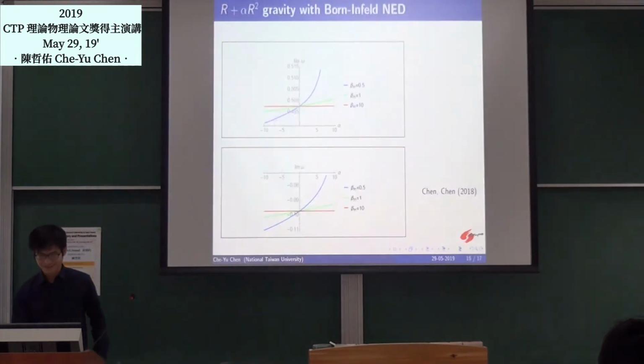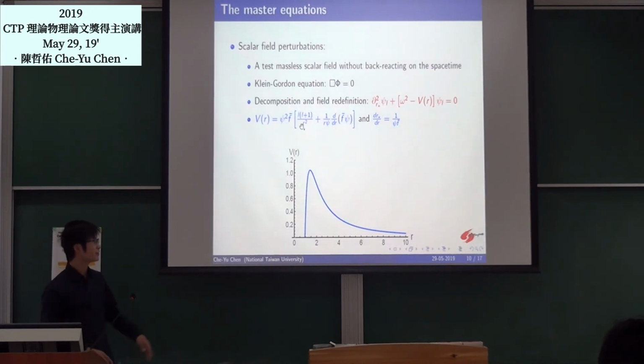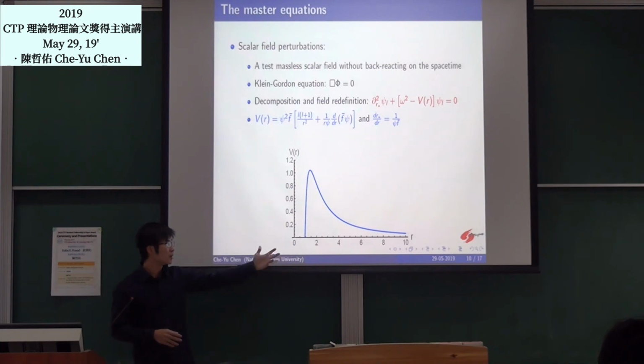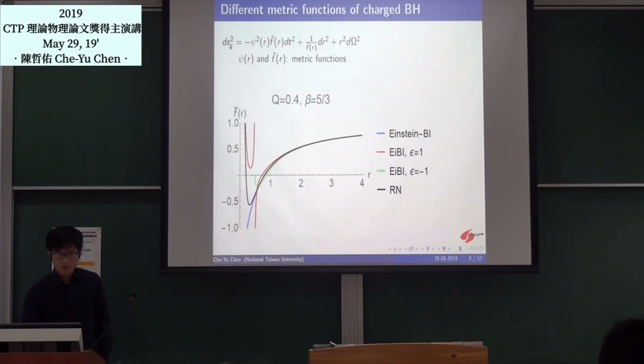Right. So the tricky part is here. The potential here, you can see that what really changes the quasinormal modes is the potential itself. And we only consider the potential outside the event horizon. So that means you cannot test the prediction inside the event horizon? Not exactly.